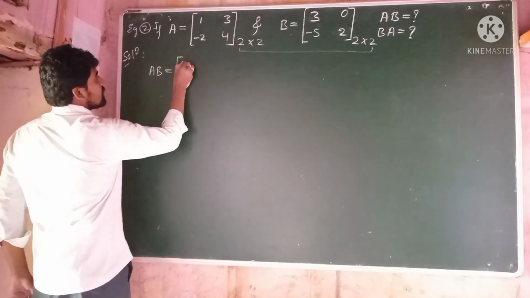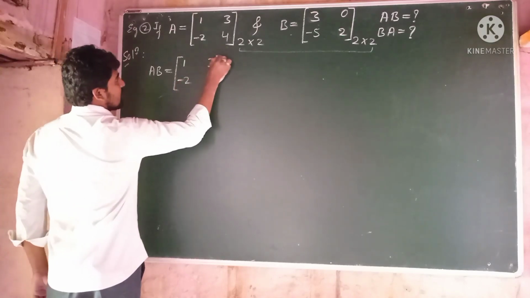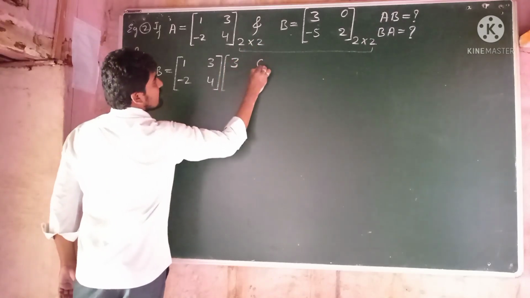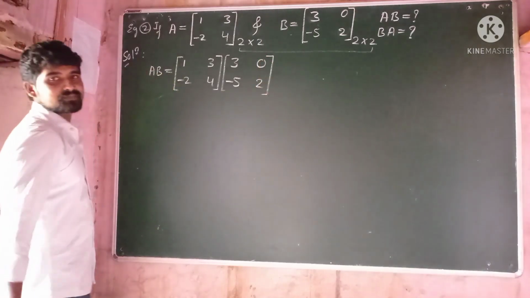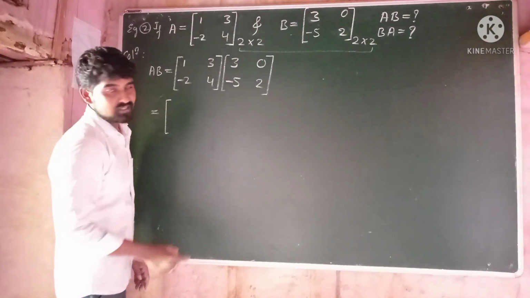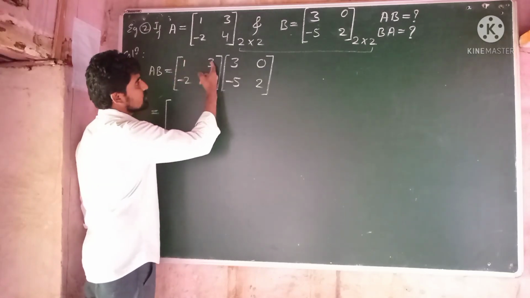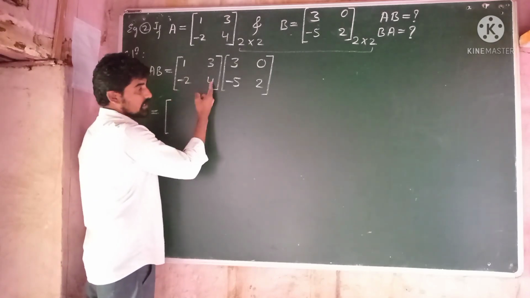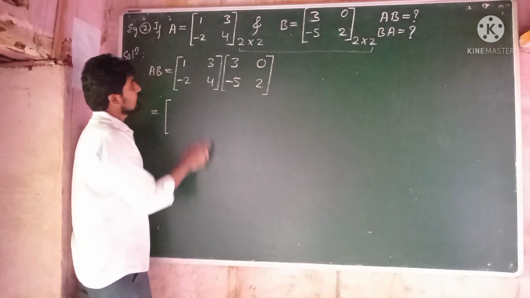So the A matrix is given by 1, 3, minus 2, 4 into the matrix B, 3, 0, minus 5, 2, which is equal to... The procedure is: first row first column, first row second column, after that second row first column, and then second row second column.